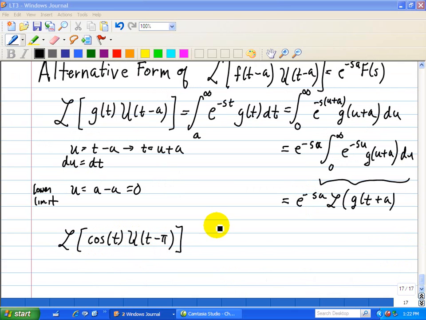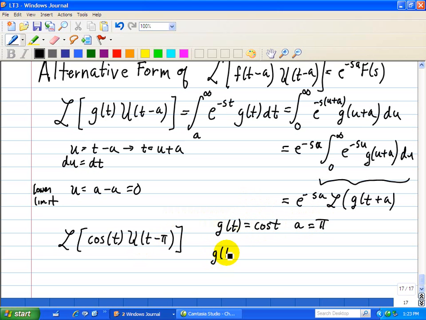So here we note that g of t in this example is cosine of t, and that a in this case, looking at the step, is equal to pi, and therefore g of t plus pi is equal to cosine of (t plus pi), which turns out to be equal to minus cosine of t.